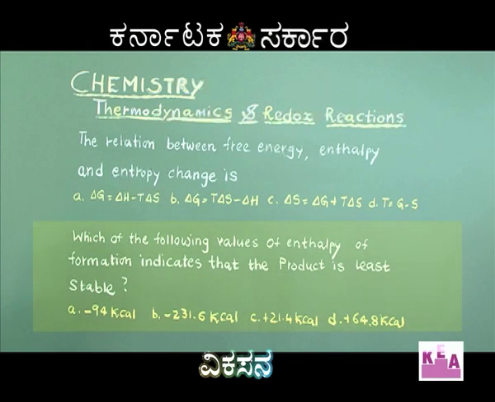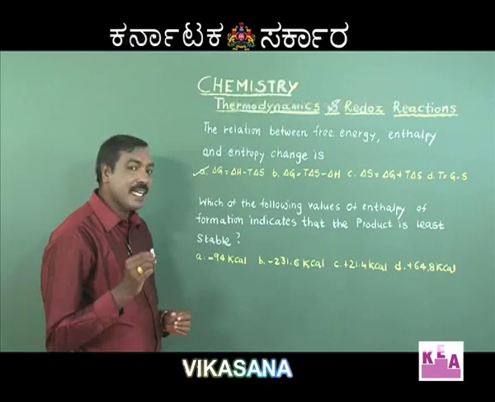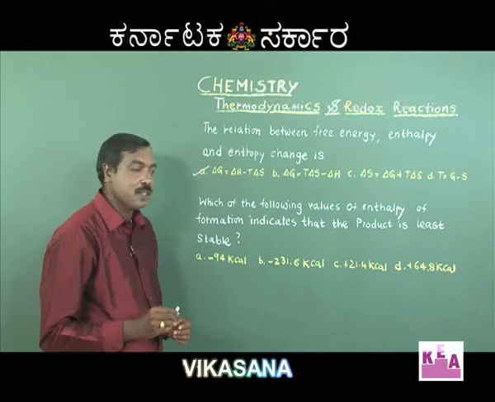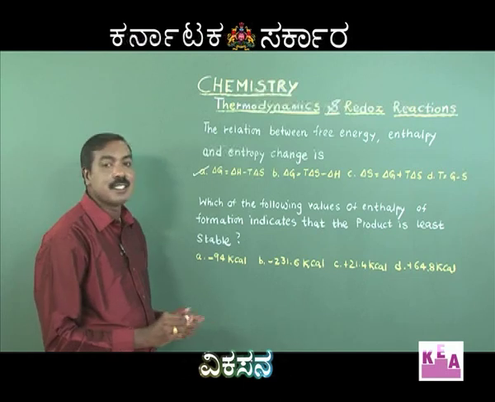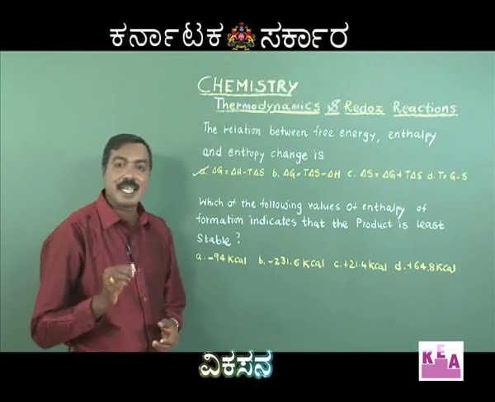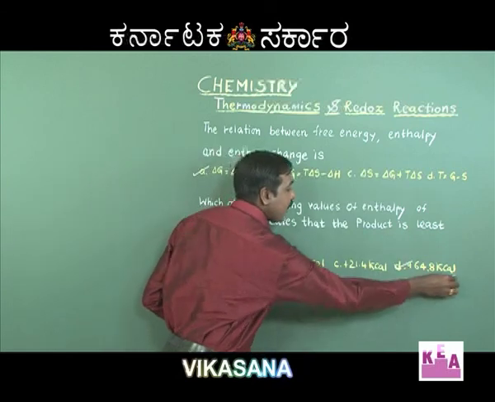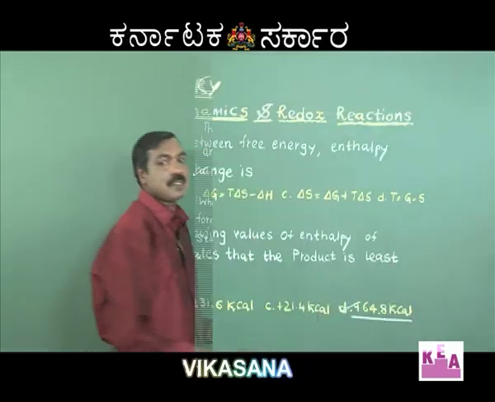The options are: option A minus 94 kilocalories, option B minus 231.6 kilocalories, option C plus 21.4, option D plus 64.8. As I mentioned, the greater the positive value of delta H of formation, the least stable is the compound. Therefore, the right option is option D, plus 64.8 kilocalories.